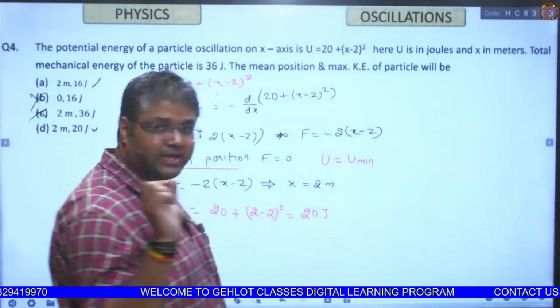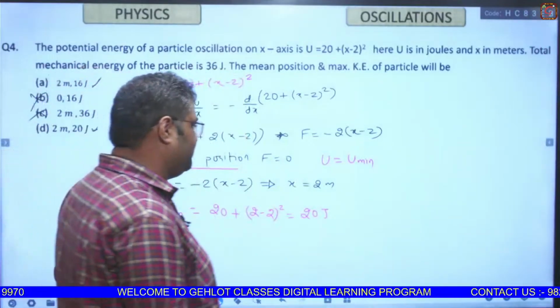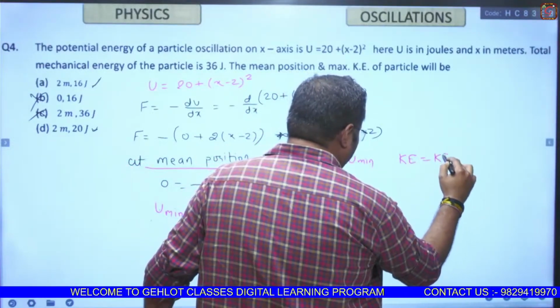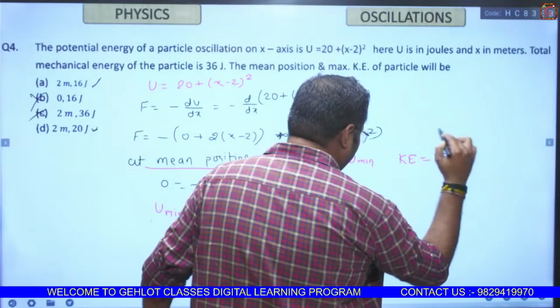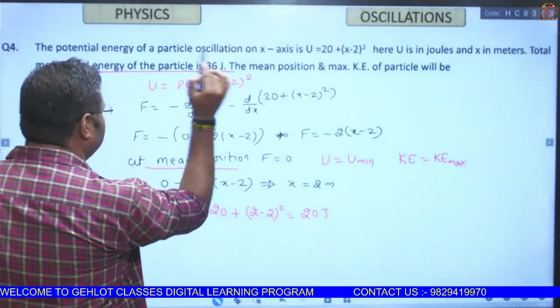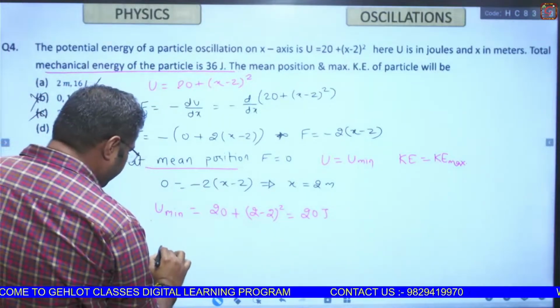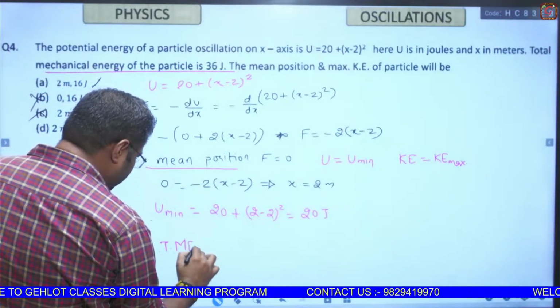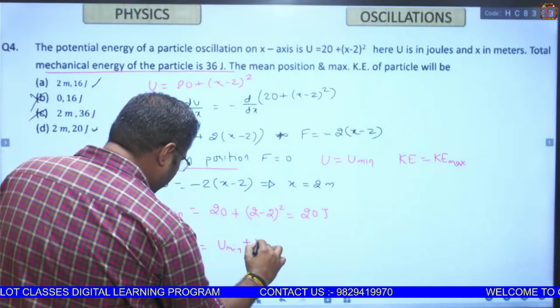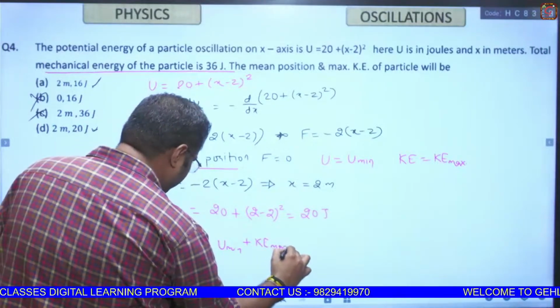Now we all know that at mean position U is minimum and kinetic energy will be maximum. But we all know that the total mechanical energy of the particle is 36 joule. So total mechanical energy is equal to U minimum plus kinetic energy maximum.